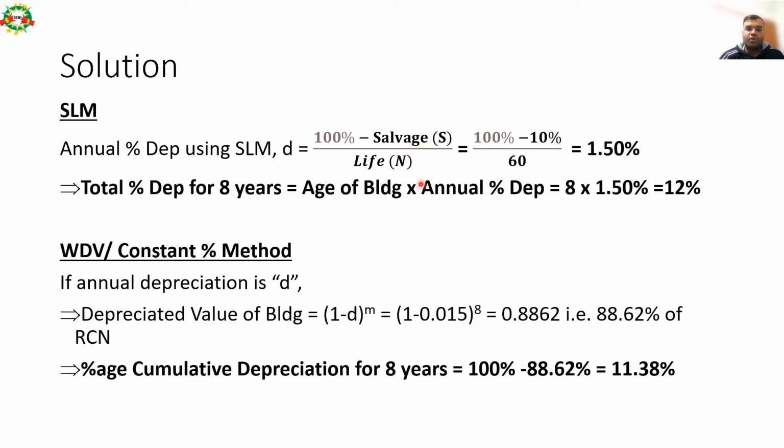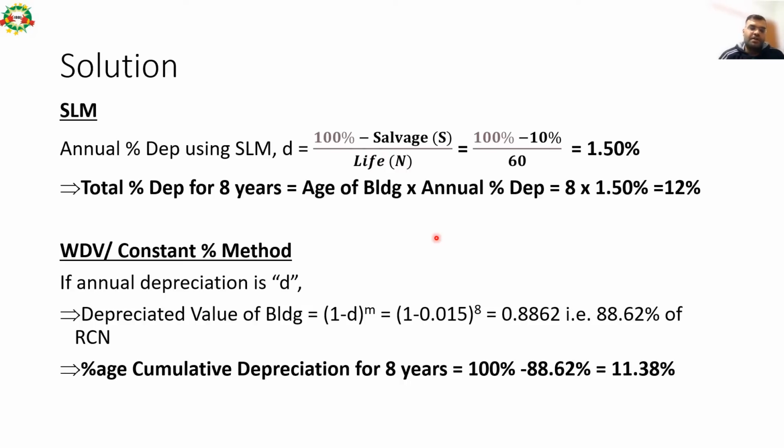Thus total depreciation for 8 years, which is the age of the building, is equal to age of the building multiplied by annual depreciation, which we have calculated above. So it is equal to 8 years into 1.5% per year. That means we will get cumulative depreciation of 12% for the building of age 8 years.